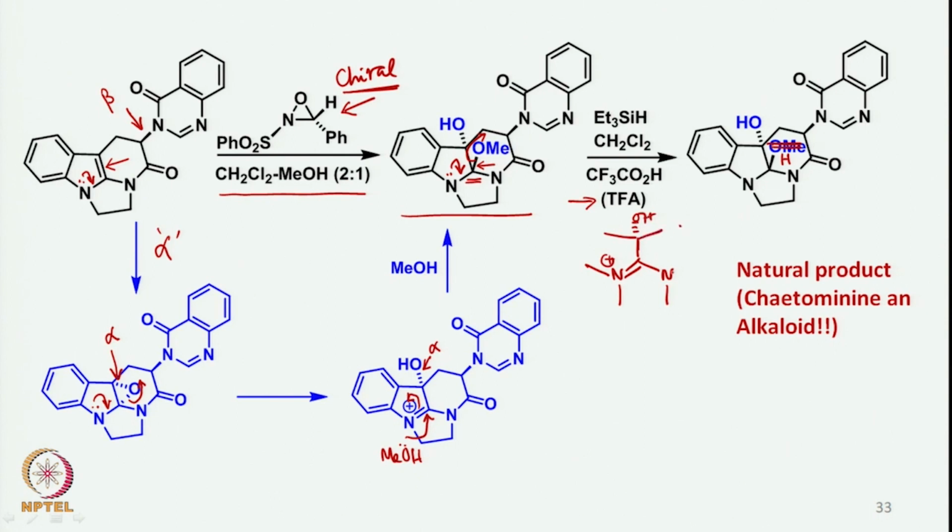Now this is the one that is reduced with triethylsilane. It is a reducing agent and that introduces the hydrogen at this stage. So one can convert a molecule of this kind to a natural product of this type, where there is a hydrogen and the hydroxy group has been introduced in a highly stereoselective fashion.